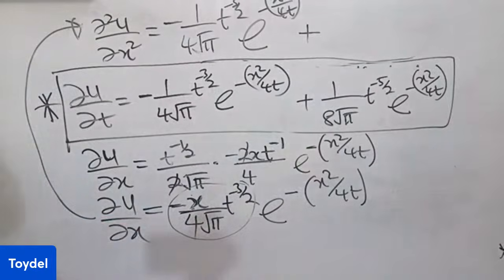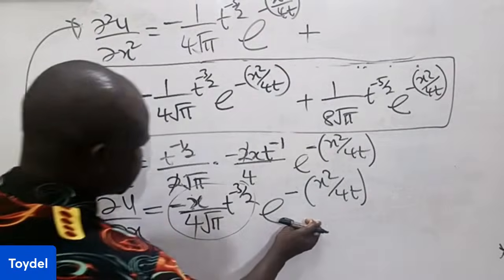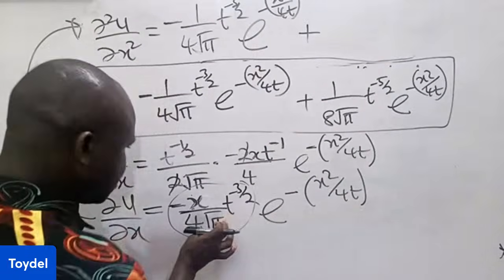I will pick this. So what do I have here? I've done the first one. I will now differentiate this other one. Let me first pick this.